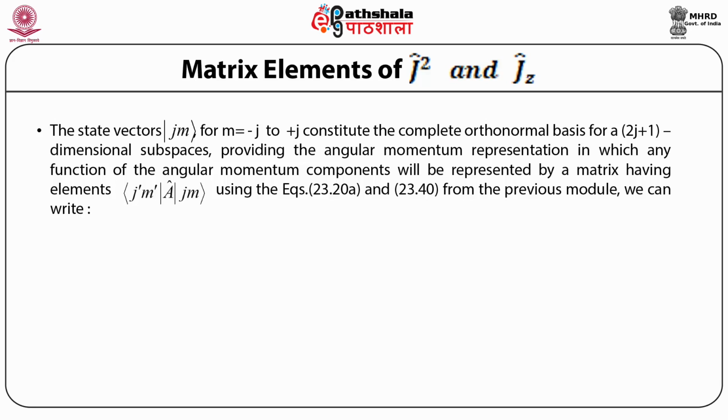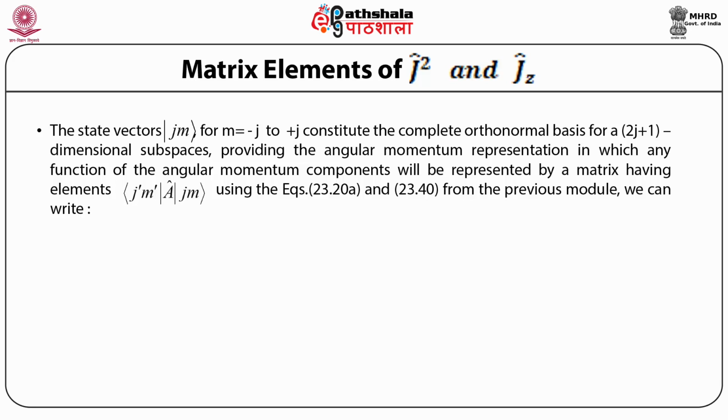This provides the angular momentum representation in which any function of the angular momentum components can be represented by a matrix with elements <j' m'|A|j m>. That means it is basically the operator A between the bra vector <j' m'| and the ket vector |j m>.